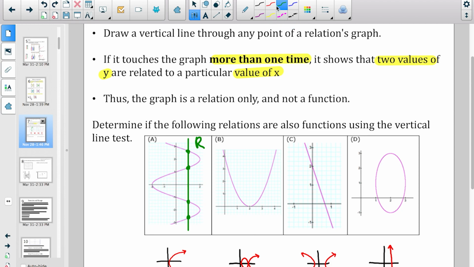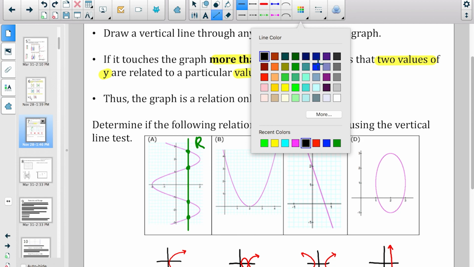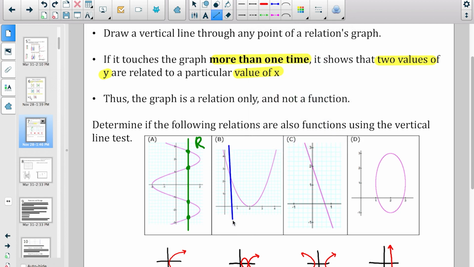Taking a look at example B, once again, let's go ahead and draw a vertical line through this graph. And we can see very quickly that regardless of where I draw this line, I could draw it here, I could draw it right here through the middle, I could draw it here, it would only pass through once, making this relation a function.